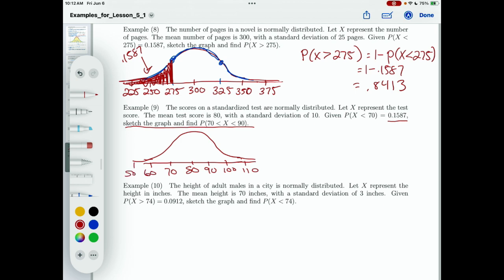We're given that when x is less than 70, that area under the curve, or that probability, is 0.1587. So that's from here to here. We need to find the probability that x is between 70 and 90. So we need to find this probability.